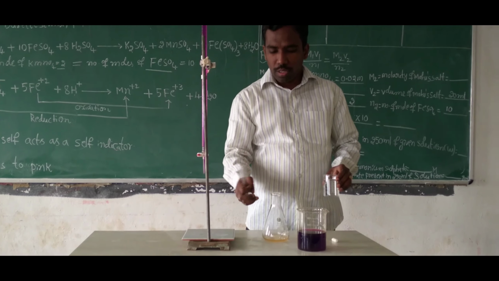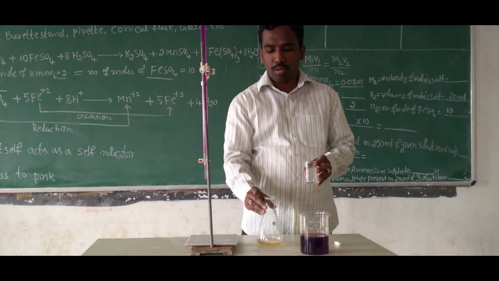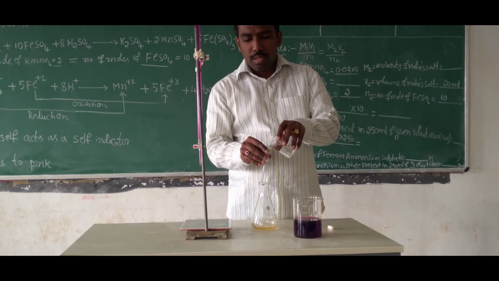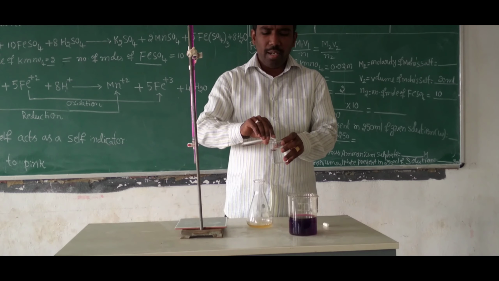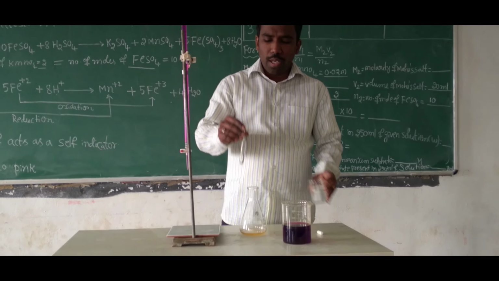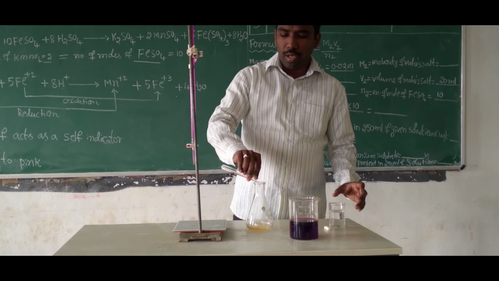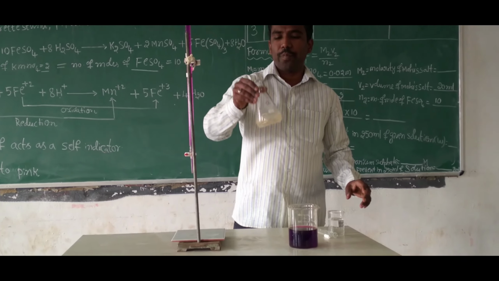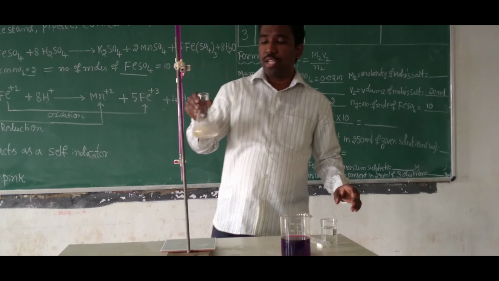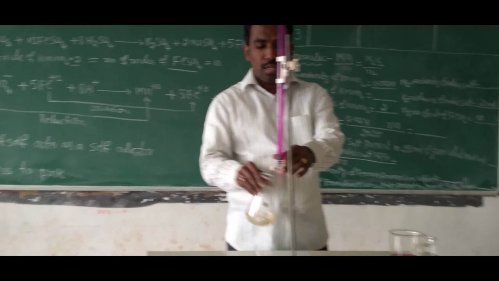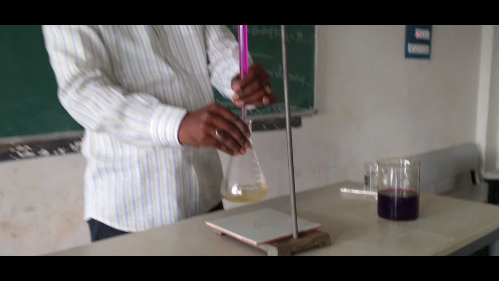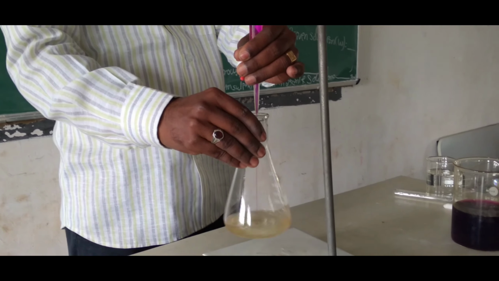To this, I am roughly adding dilute sulfuric acid, nearly half of a test tube. Now this is the initial color, it is colorless. Now we can start the experiment by adding KMnO4 solution drop by drop.